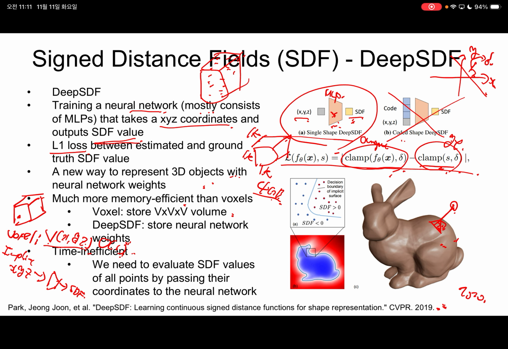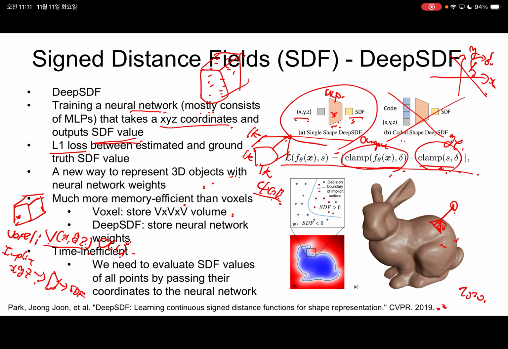But in the case of a neural network, if we're interested in this point, then we need to make a forward pass of this point through the neural network, and then check whether this point is inside or outside of the 3D object. So inside the neural network, we need to do some computation, right? We need to do MLP, multiplication, addition, so every point needs some computation to get the SDF value.